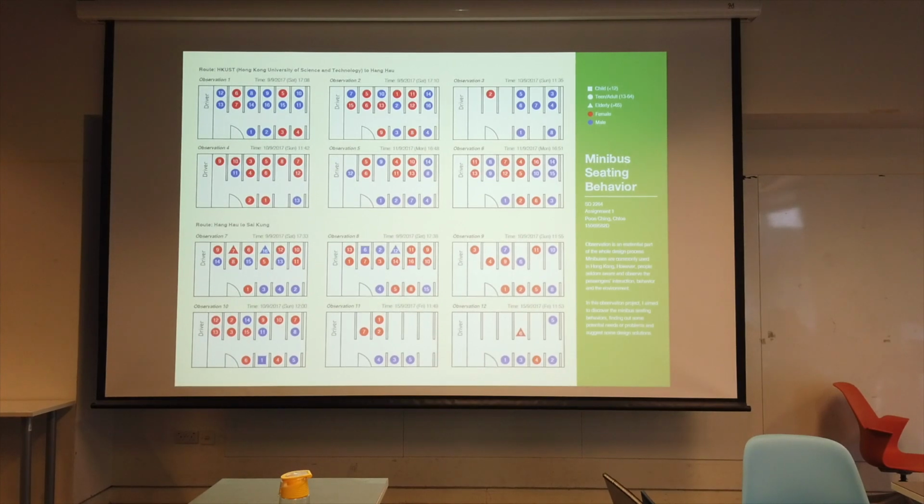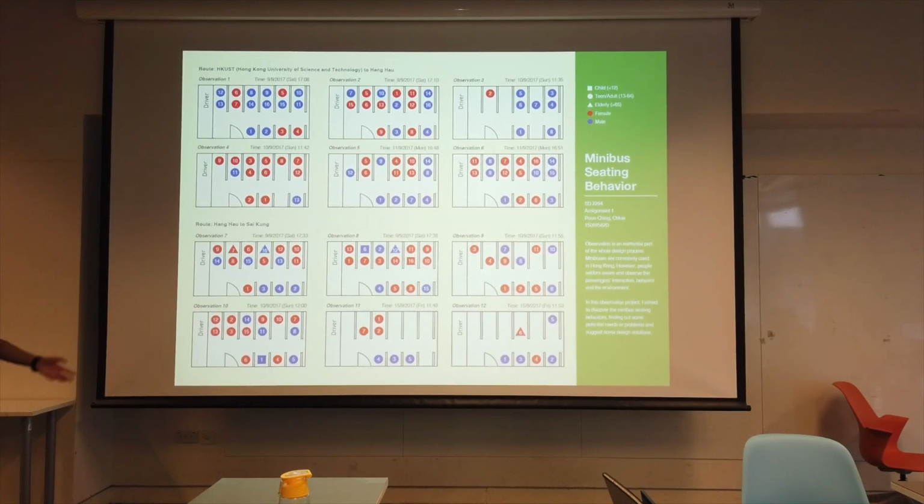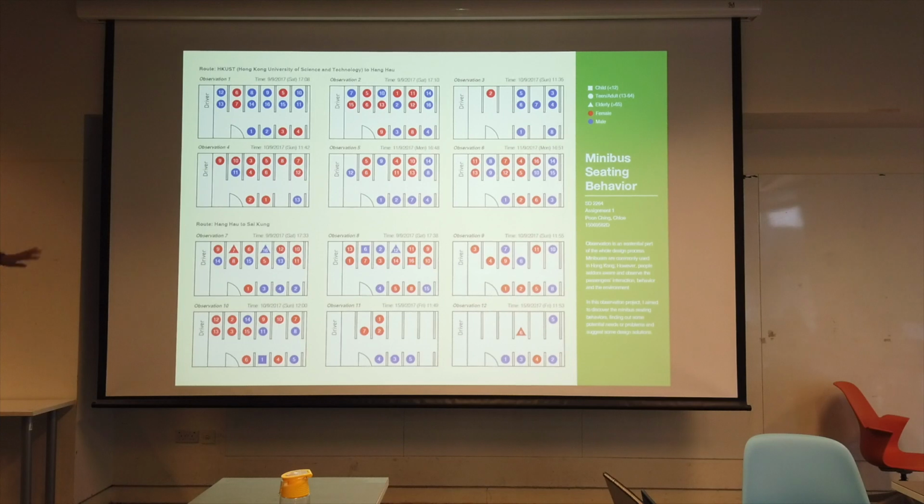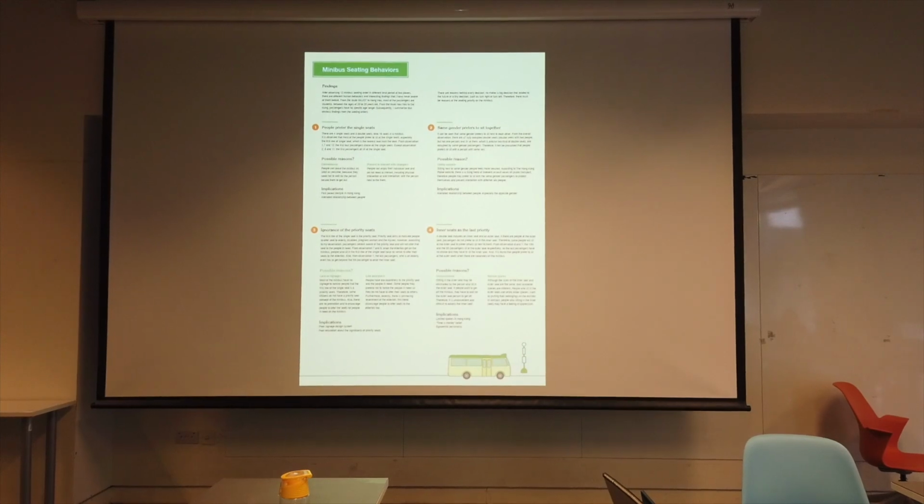So again, human behavior, if you remember the information design class, you can use a very simple graphical form, circle, triangle, arrow, to indicate the movement or human gestures. So this one, I think, is also one of the examples. And of course, come up with some analysis.